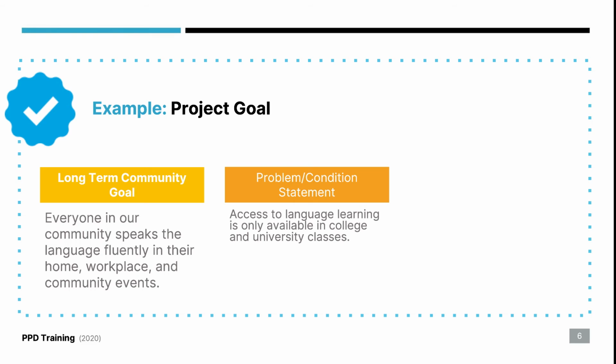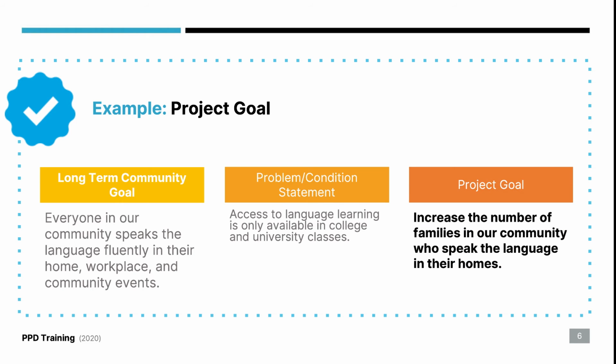And so when you develop your project, what is the positive impact you want your project to establish in your community, right? So a project goal possibly could be to increase the number of families in our community who speak the language in their homes, right? So you are looking at developing a project that impacts families, because whole families are not necessarily able to be in college or university classes.